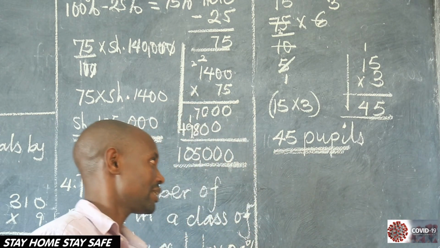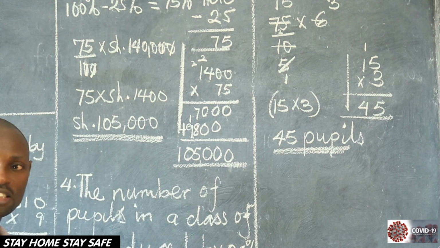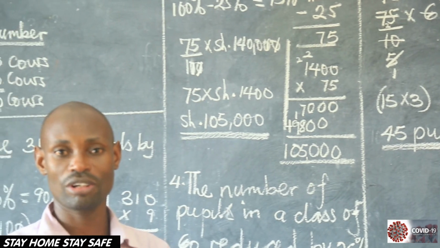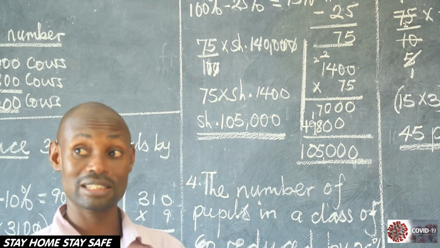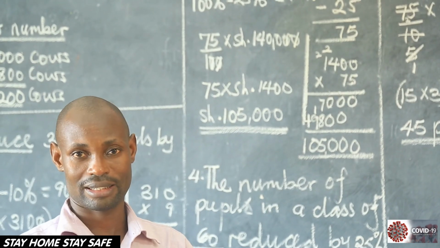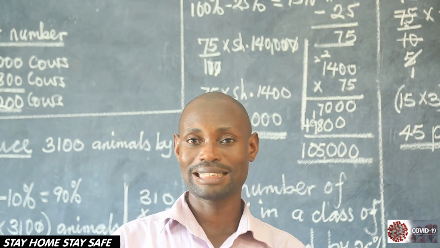So you can see how simple and interesting reducing numbers using percentage is. So I'm going to give you an activity as usual. And please, I know you are going to enjoy this activity. What is most important is for you to sit down and think. Don't just do things for formality.